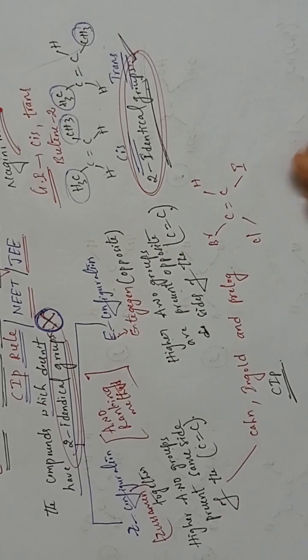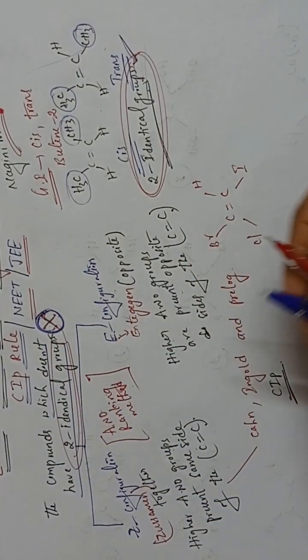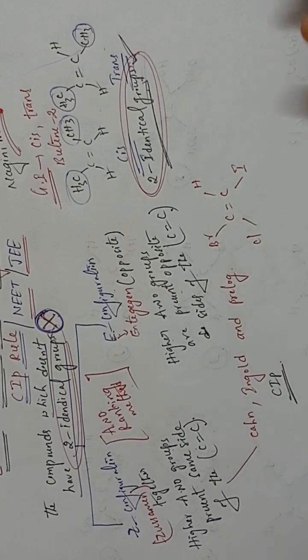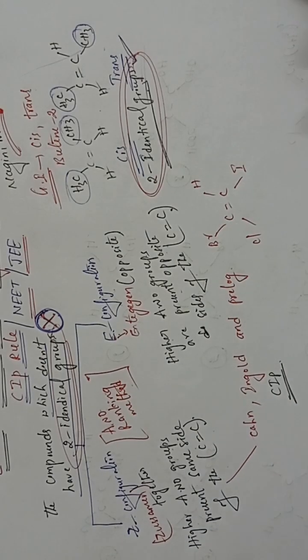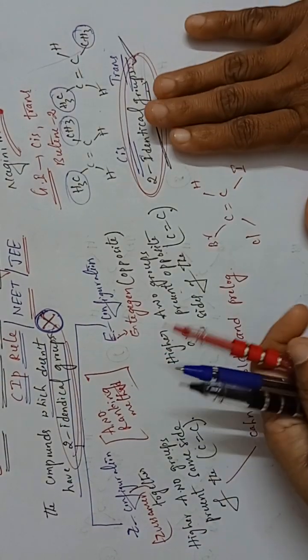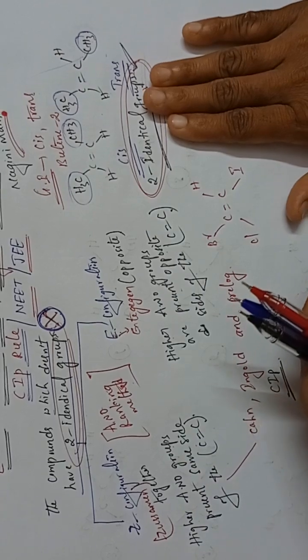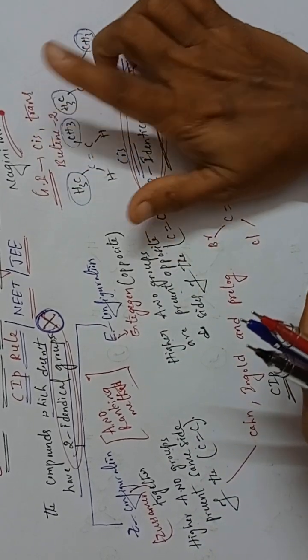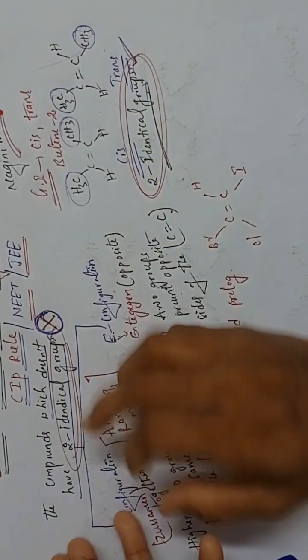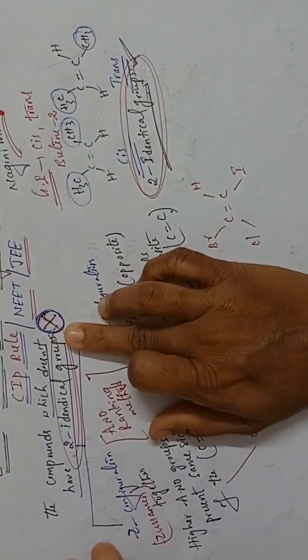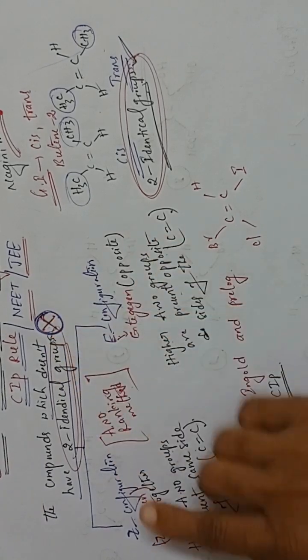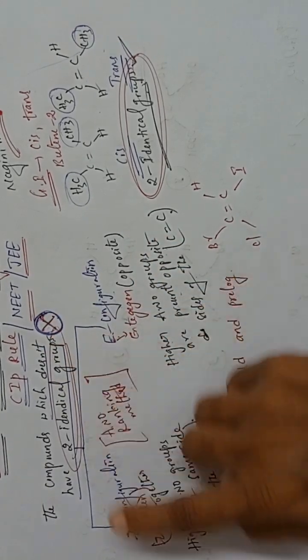Clear, students? Now how to write E configuration and Z configuration, I will discuss in the example. So the compounds which have two identical groups are classified into cis and trans. The compounds which do not have two identical groups are classified into two categories, E configuration and Z configuration.